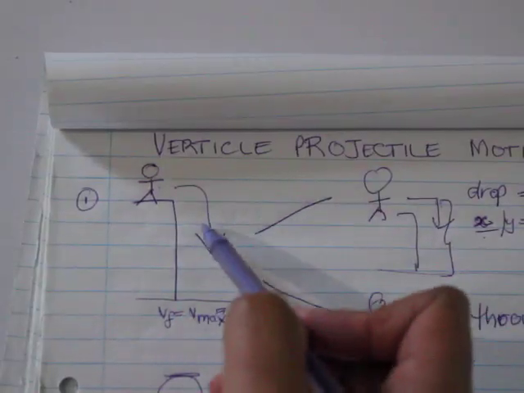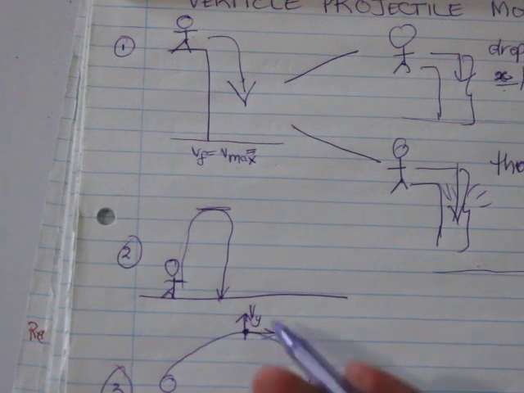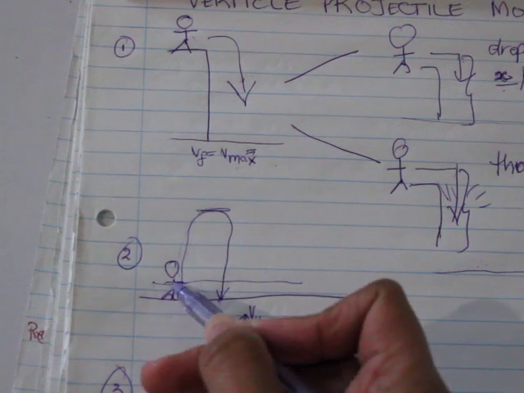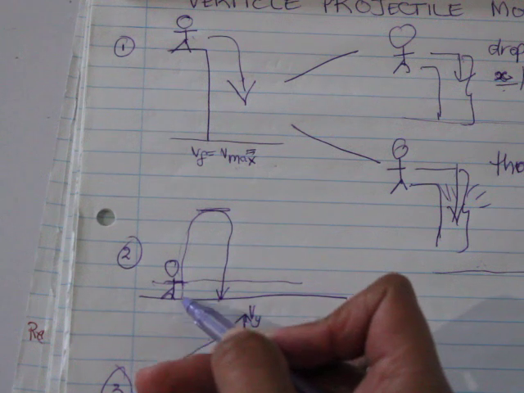In this scenario, or rather this one, the displacement is a bit different. So if the person is a specific height, if the hand is a specific height from the ground, you don't consider this height here.